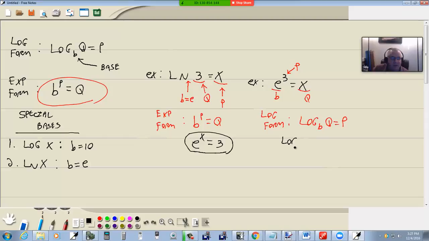So we plug in everything we identified. b we said was e, q we said was x, and p we said was 3. Now when you got a base of e, it's always written as natural log. So that's ln x is equal to 3. And that'd be your answer. Erase all those.